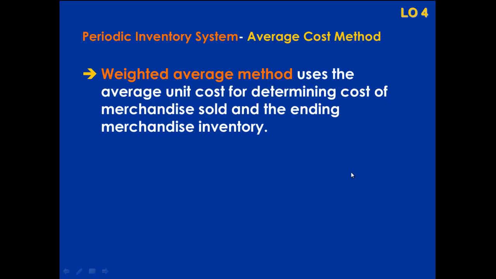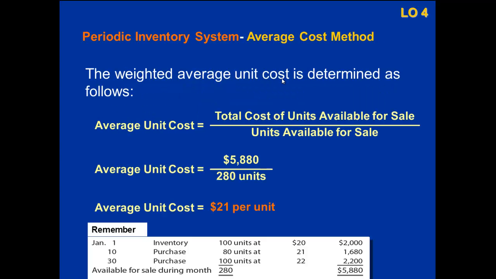Now, the easiest of all these is the weighted average method. It uses the average unit cost for determining the cost of merchandise sold and the ending merchandise inventory. Remember, we have a total of $5,880 of cost of goods available for sale, and there were a total of 280 units.